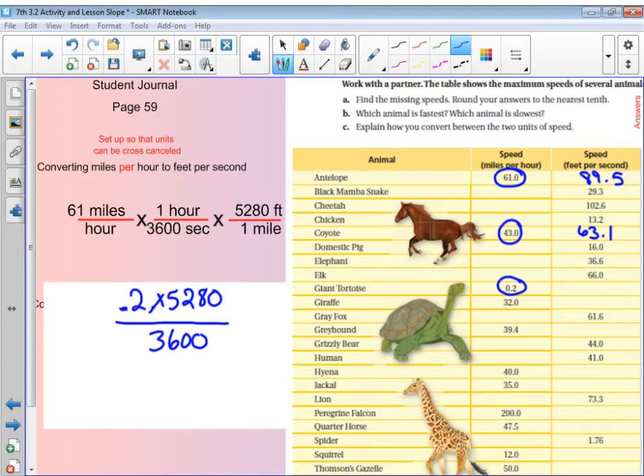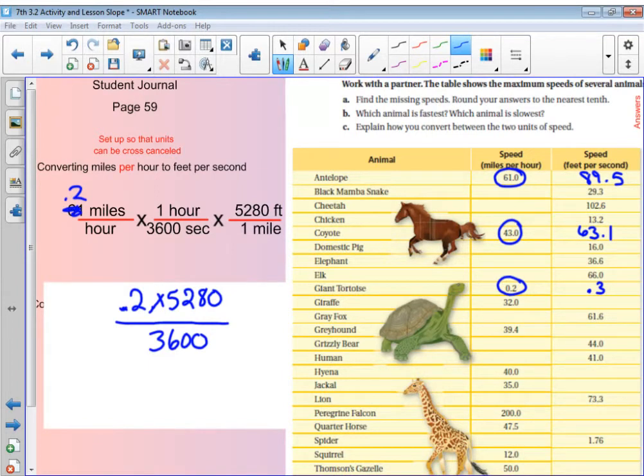On my calculator, I'm going to punch in 0.2 times 5,280, so that's changing it into the feet. And then I'm going to divide that answer by 3,600, which is changing it into my seconds, and I get 0.293 repeating. So the 9 is going to tell my 2 to become a 3, so we're going to say it's 0.3 feet per second.